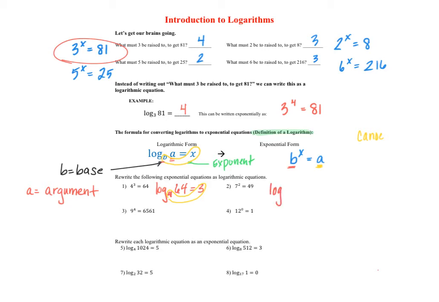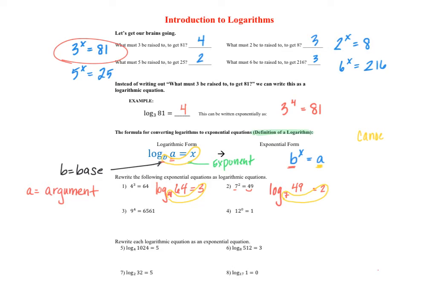My base of my exponential expression, my 7, is going to be the base of my log. My exponent, which is 2, is going to go by itself. And the value on the right side, that 49, is my argument. Checking with my canoe, 7 to the second is equal to 49.